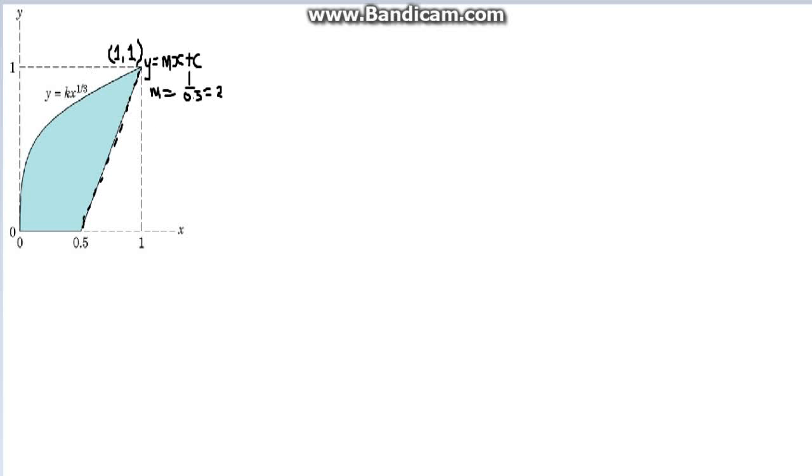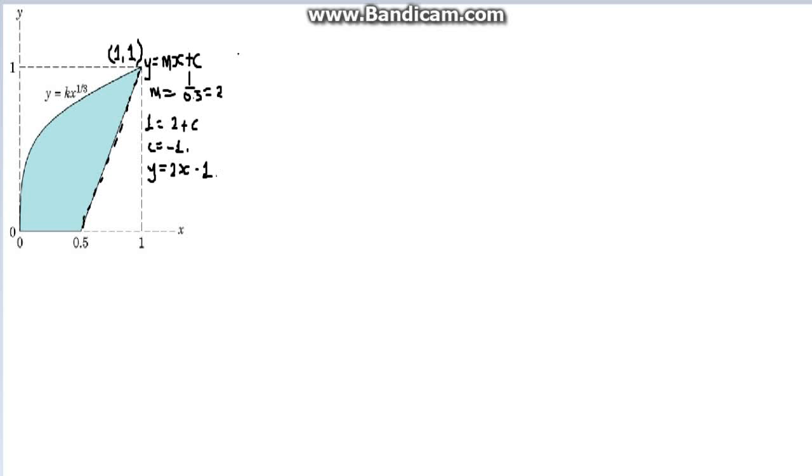This intersecting point here with both functions is (1,1), where we substitute into the equation that we devised: 1 = 2 + c, where c equals -1. Okay, the function of that line is y = 2x - 1.